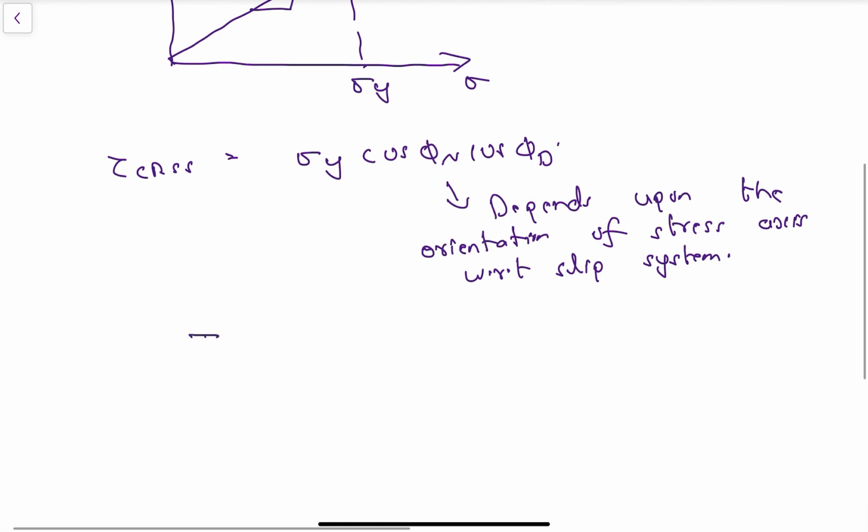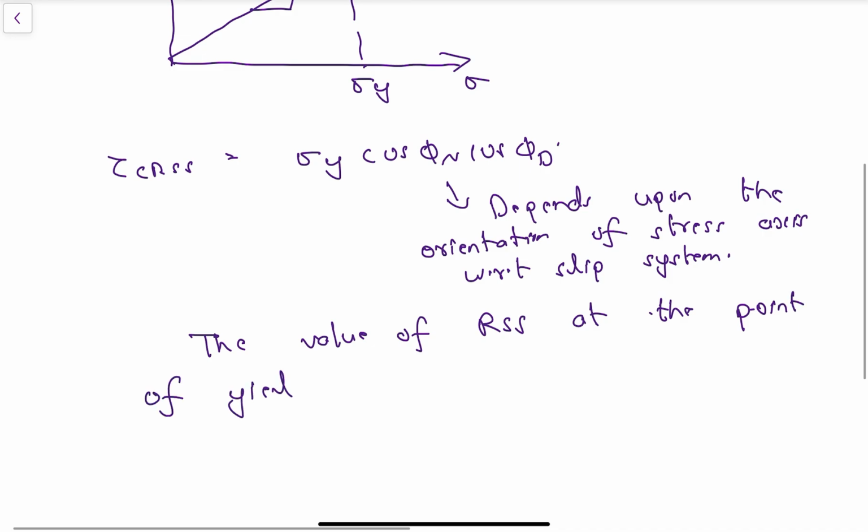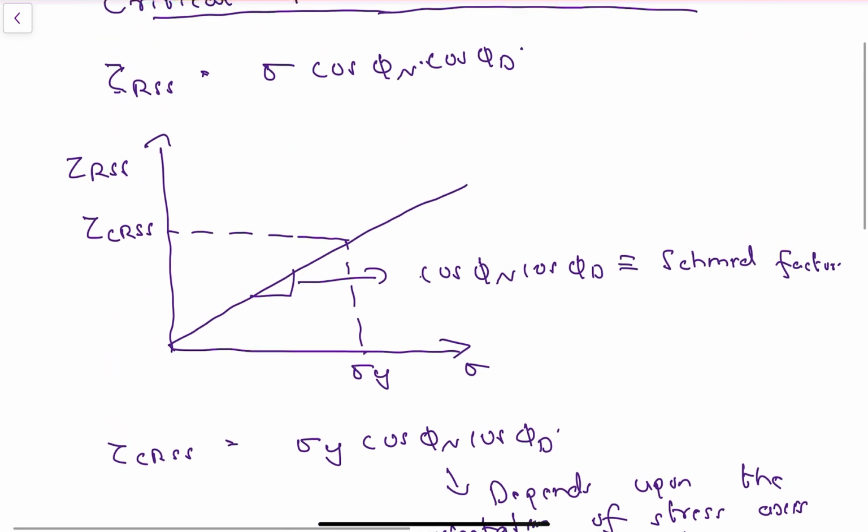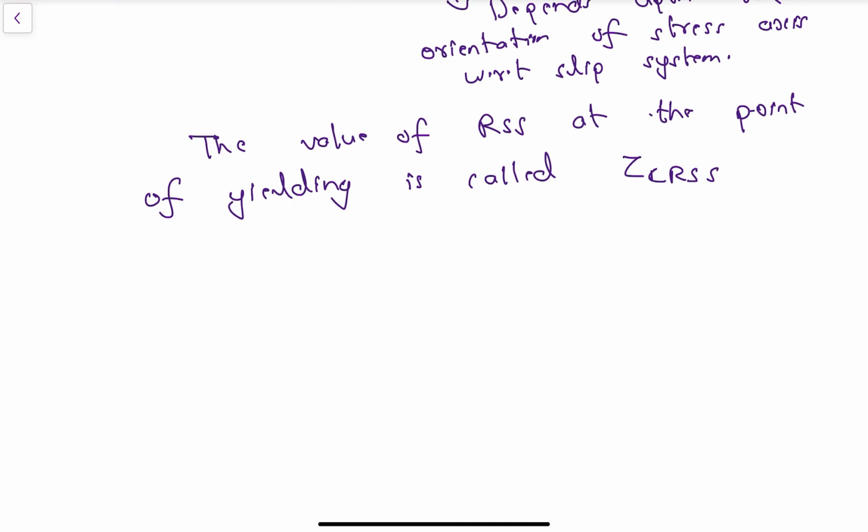So the value of resolved shear stress at the point of yielding is called critical resolved shear stress, or tau CRSS.